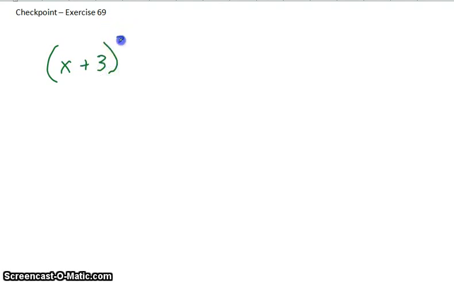So let's take a look at this next one, checkpoint number 69. So now they get a little trickier here. They say, well, x has to be greater than or equal to -3.